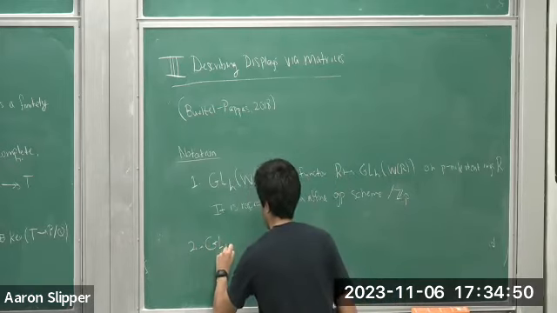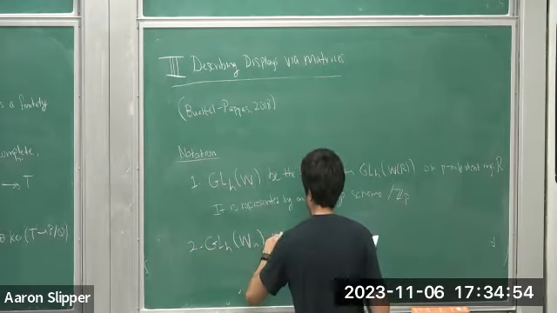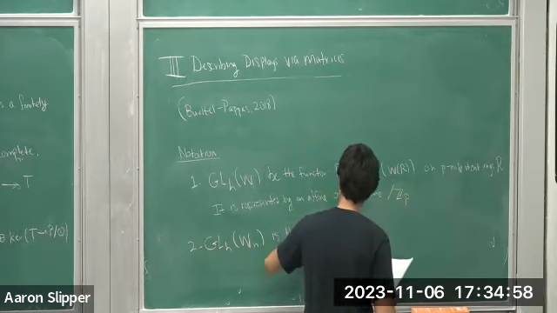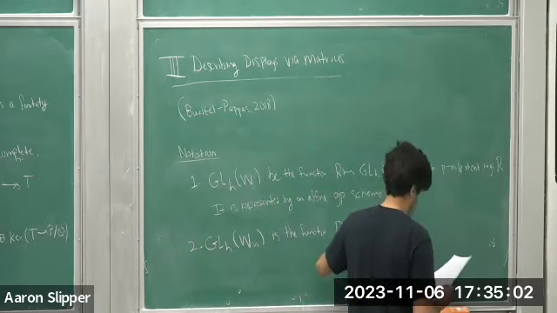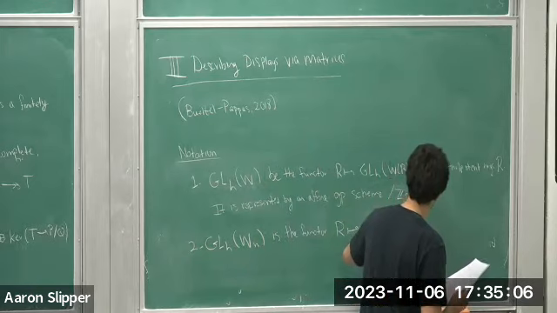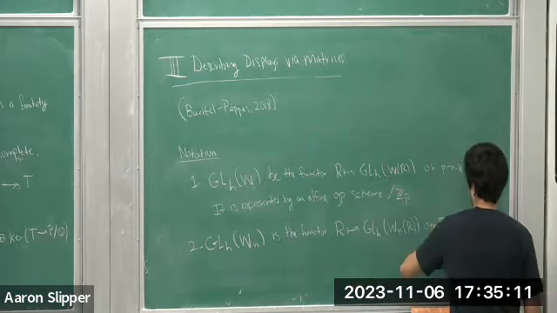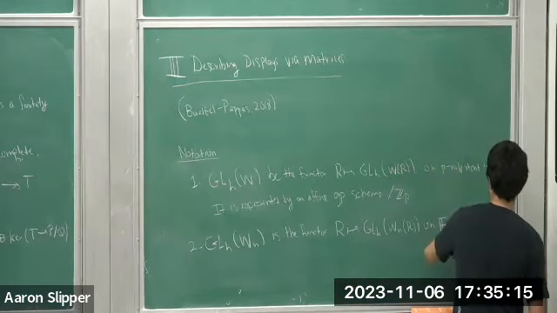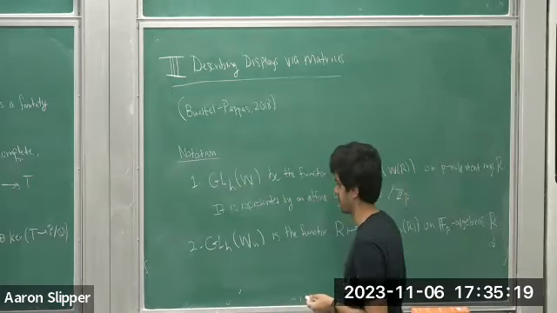So GL_H(W_n) is the functor sending R to GL_H(W_n(R)), and it is representable by an affine group scheme over F_p.